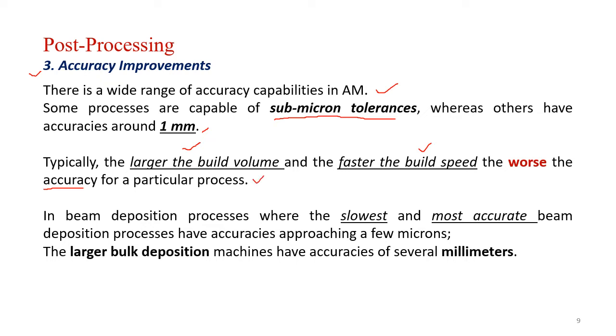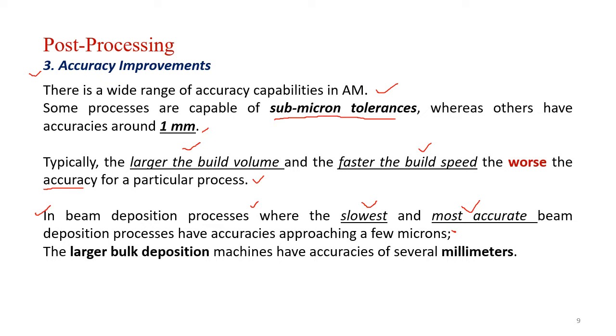So what we can do is go with the beam deposition process. Here mainly we are not going with all the conventional additive manufacturing. Here we can think of having a deposition rate which is very slow, and more accurate deposition can happen with these techniques. So here the accuracy can be available in terms of a few microns.